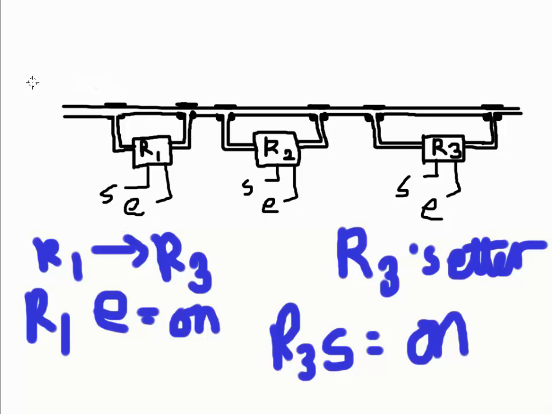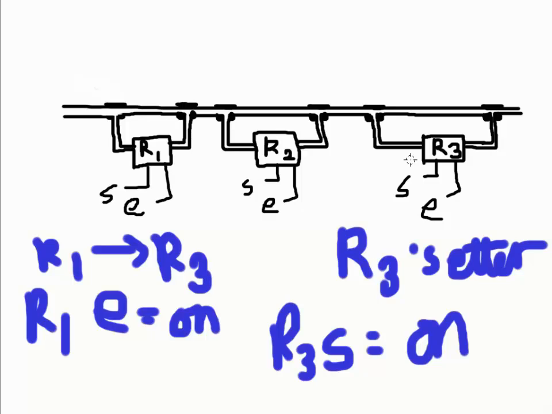So using this, we can copy data from R1 to R3. That was a very short lesson, and now we know how the bus and registers copy data from one register to another.